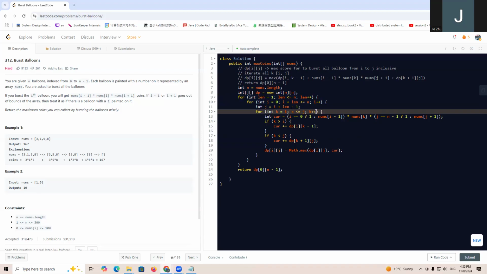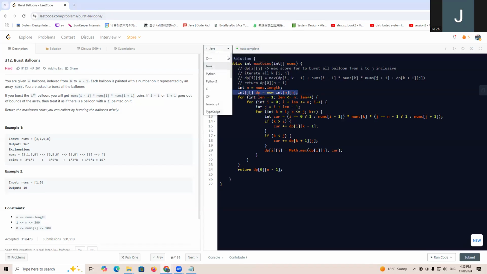So we have 3 for loops, so it will be O(n cubed) time complexity, and the space is O(n squared) space complexity. And the Python code should be very similar.